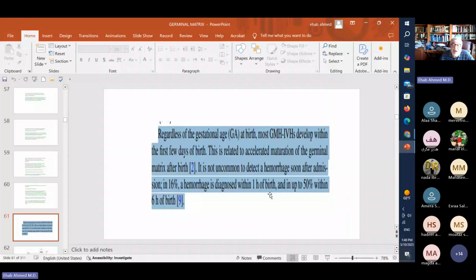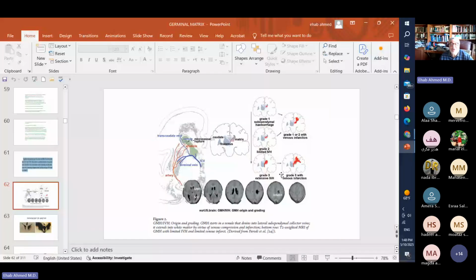It is not uncommon to detect hemorrhage soon after admission: in 16%, hemorrhage is diagnosed within the first hour, and up to 50% within 6 hours or the first day. And same story. Okay, pathology.